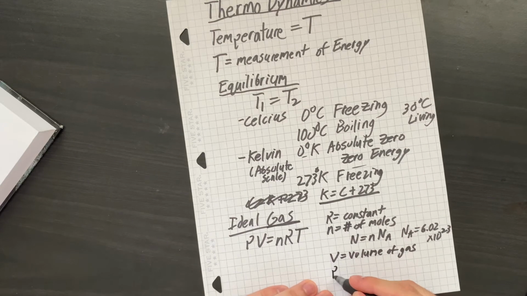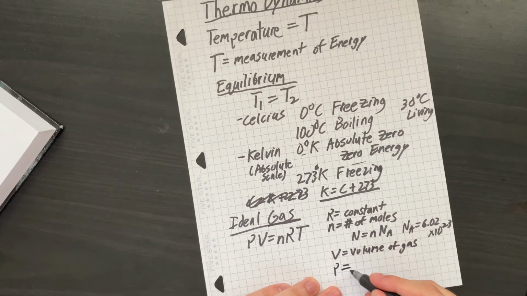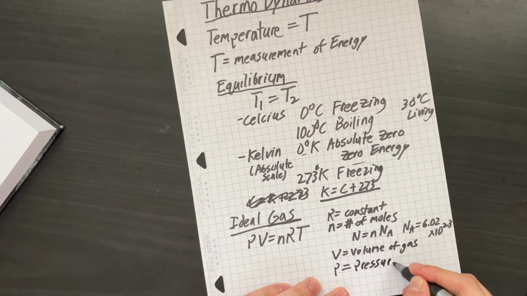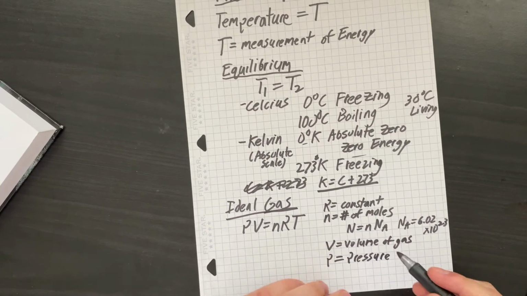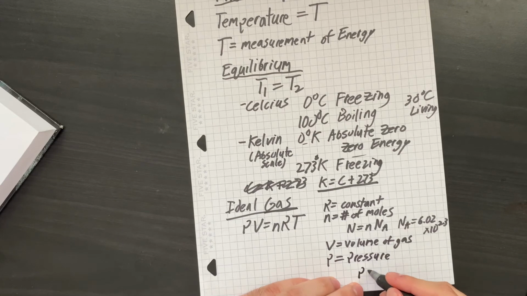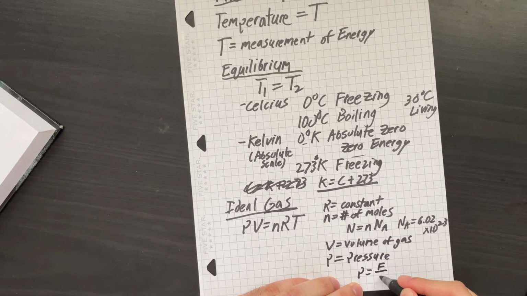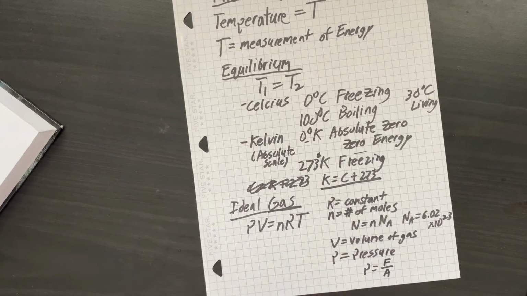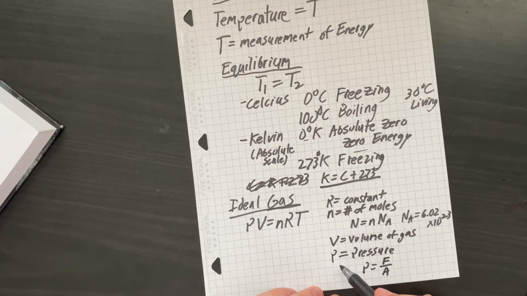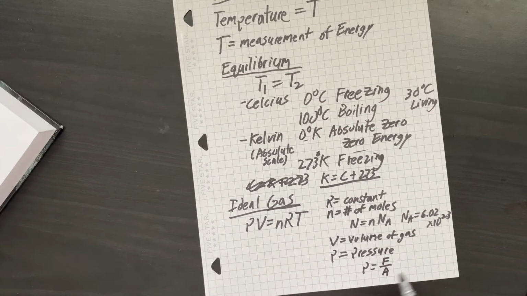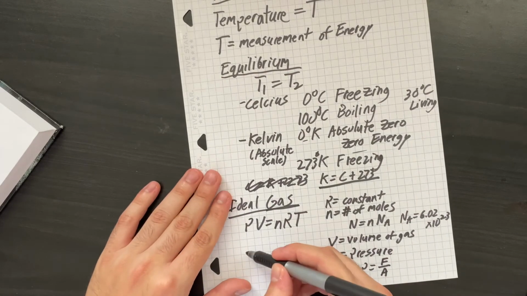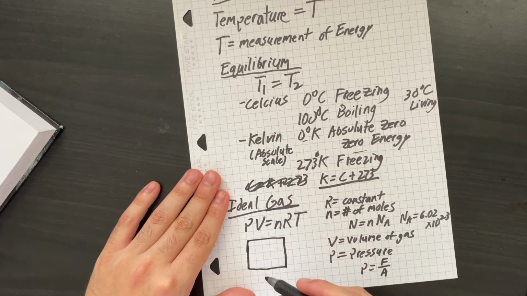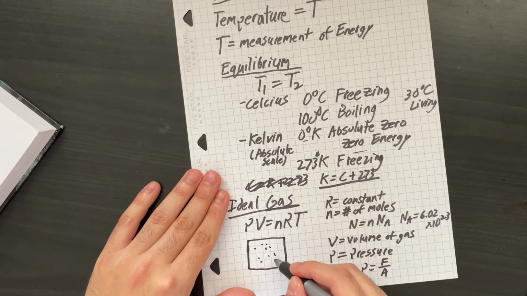And then we have pressure for P. P equals pressure. Now classically, we remember pressure as force divided by area. And it's the same here. Basically, this pressure comes from the particles hitting the sides of the container. So we have a box of volume V with some particles in it.